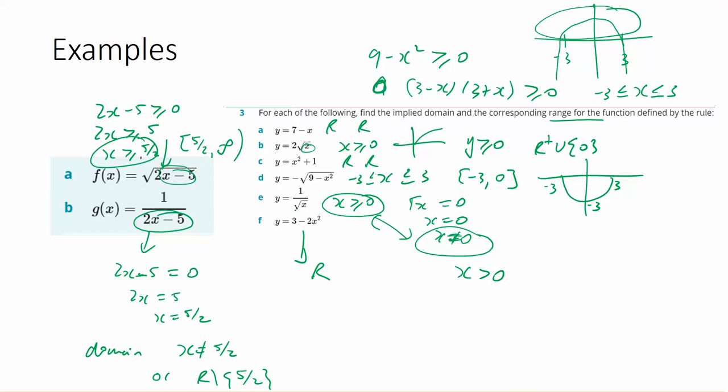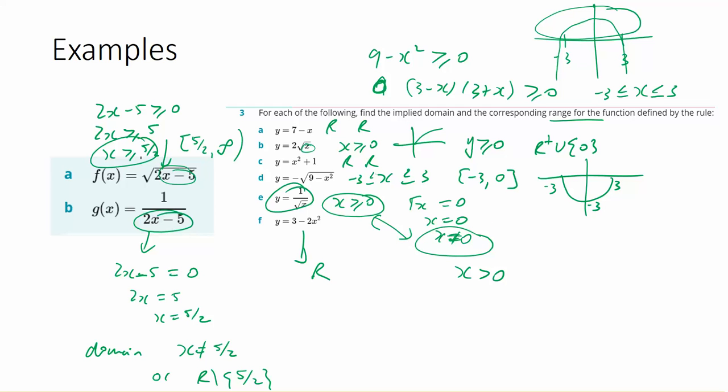For E, that's a 1 on root x graph. x has to be greater than or equal to 0, so the range would be, well, we haven't really covered this type of graph yet, and that's okay. We just know that y will always be positive.